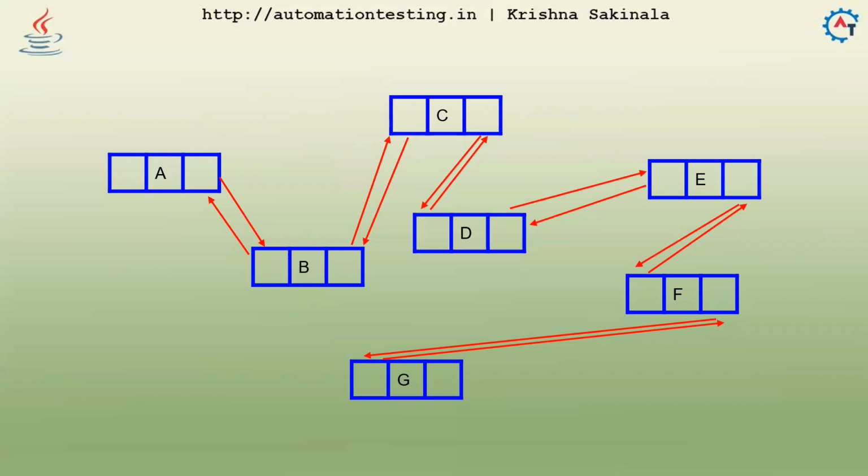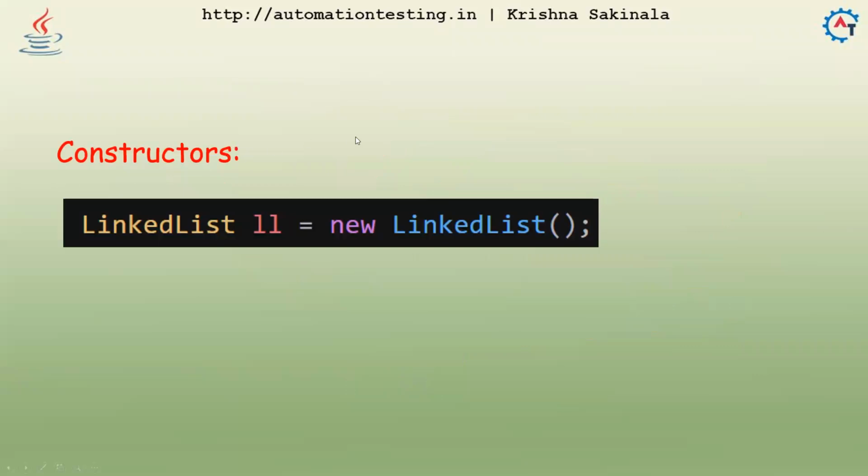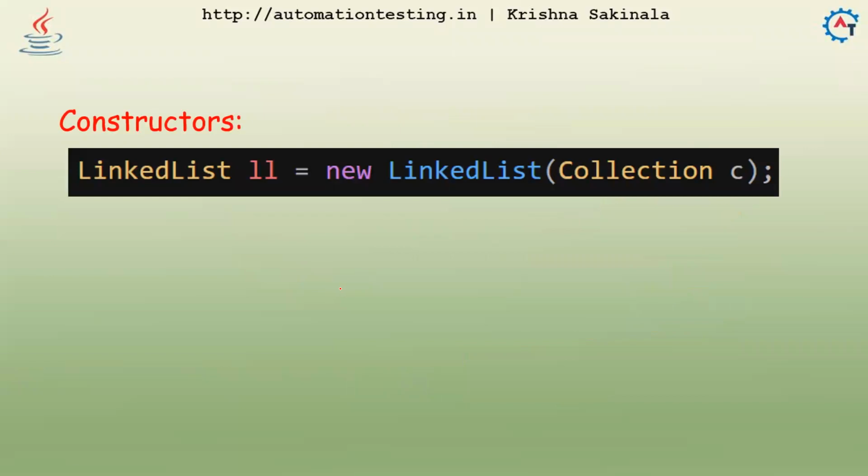If we move further, what are the constructors available in linked list? The simple one is creating a linked list object with new LinkedList. This is the base constructor. It will create an empty linked list. Another constructor: LinkedList ll equals new LinkedList of a collection.